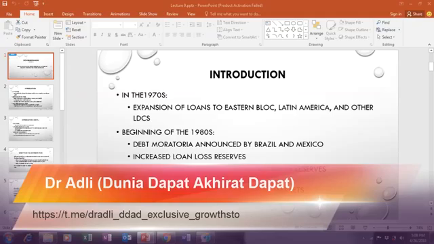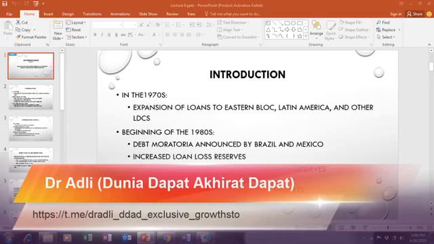If you read the book, debt moratoria is a delay in repaying interest or principal on debt. Basically, Brazil and Mexico had economic problems. They had debts, but they could not service the principal and interest.